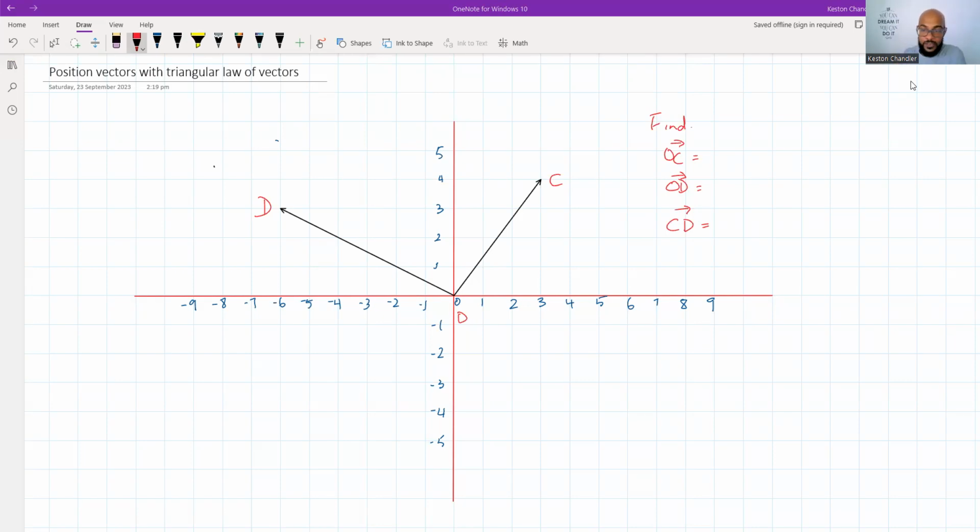So CD, right? This is OC and this is OD. If I want C to D, I want this as a resultant vector that I want, CD.